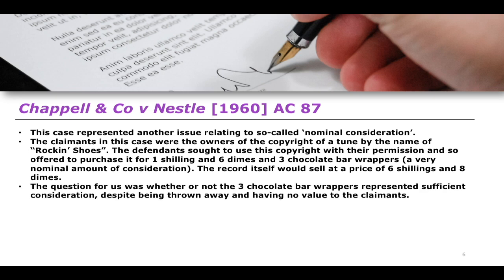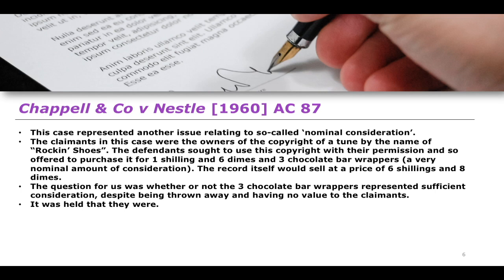The question for us was whether the 3 chocolate bar wrappers would represent sufficient consideration, despite the fact that they had no value to the claimants and had been thrown away immediately. Okay, obviously we know that it wouldn't have been adequate consideration, it wouldn't have represented a fair deal, but was it sufficient to even establish the existence of consideration?